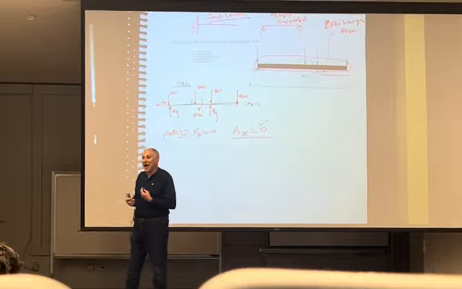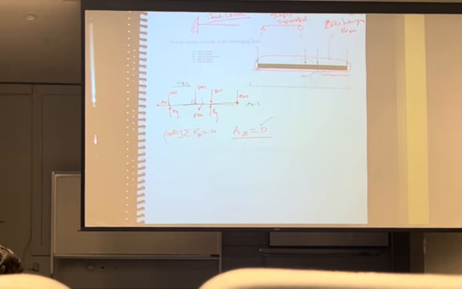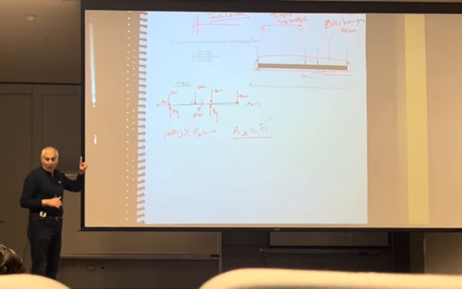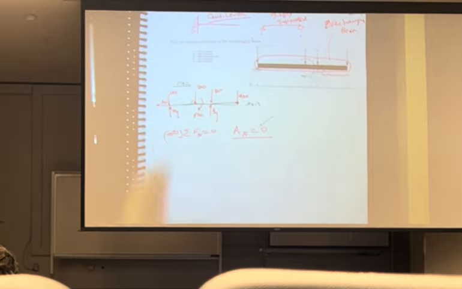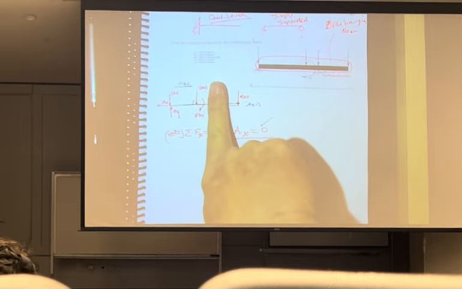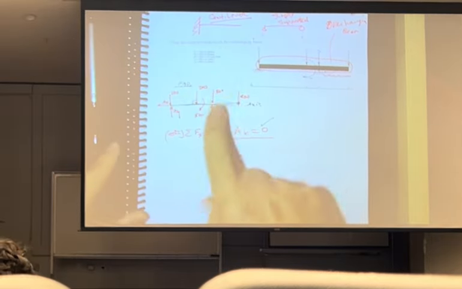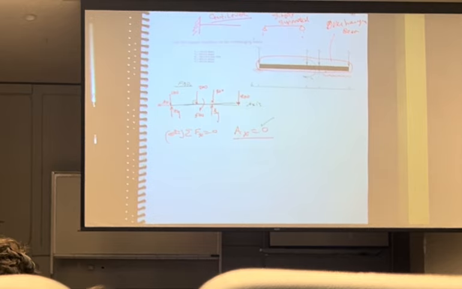There's really two ideal places to take a moment. At A or at B. Those are the two ideal. Can I take it anywhere? Yes. But if I do it at A, I eliminate all of these guys. If I do it at B, AX is 0, so I eliminate these two and I will get AY.